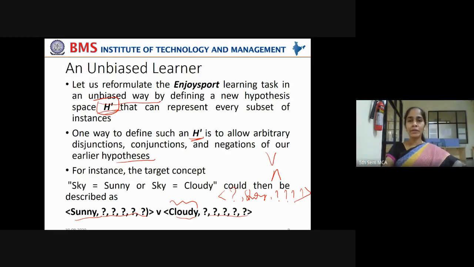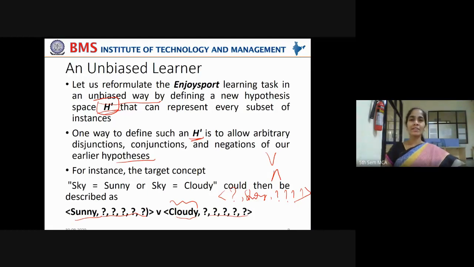Means I am trying to include each and every possible combination of the attributes into the hypothesis space H dash, so that I will not make a mistake of not including the target concept into the hypothesis space.